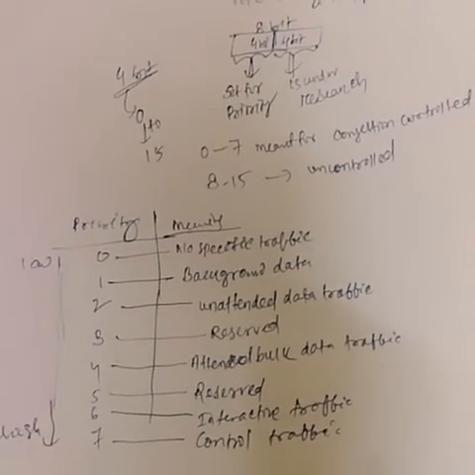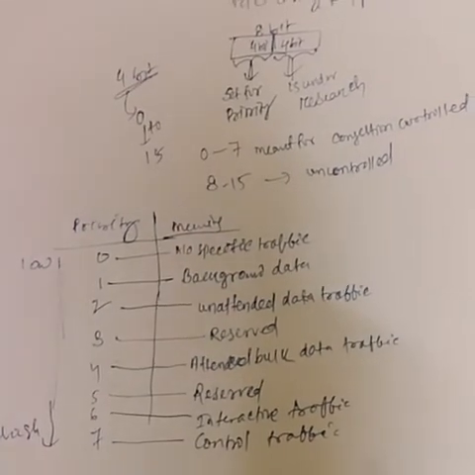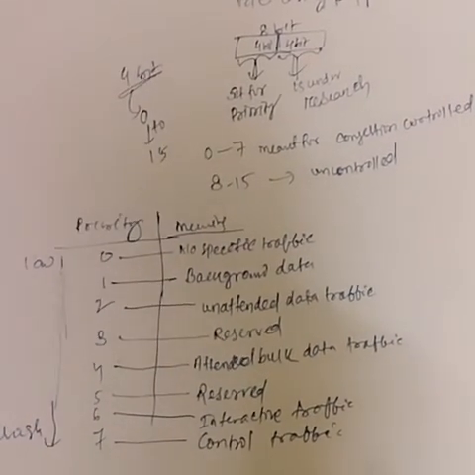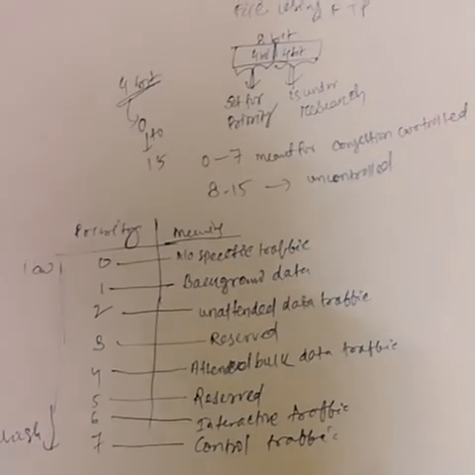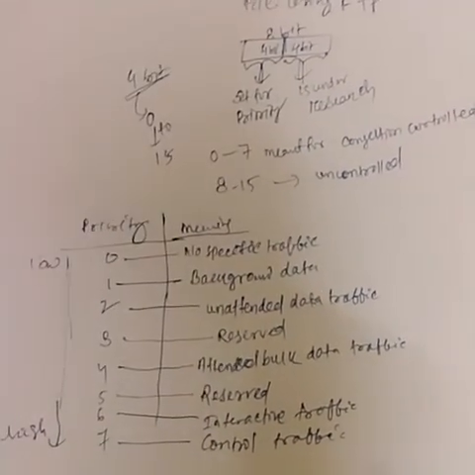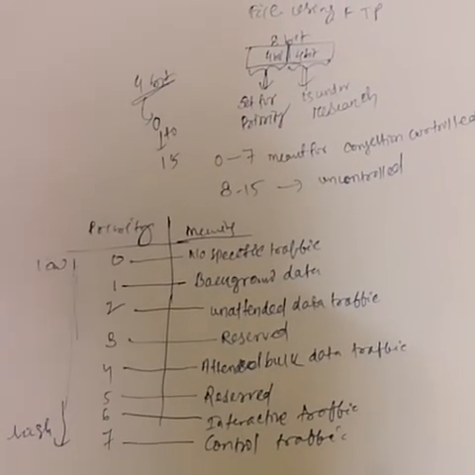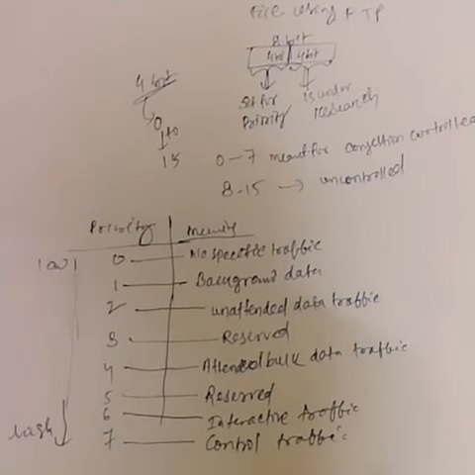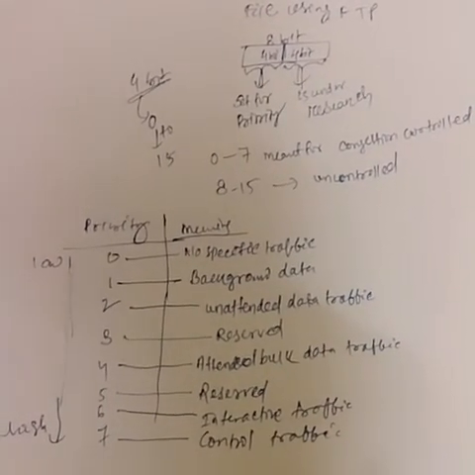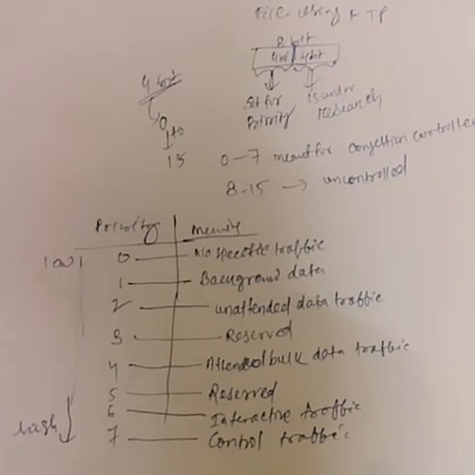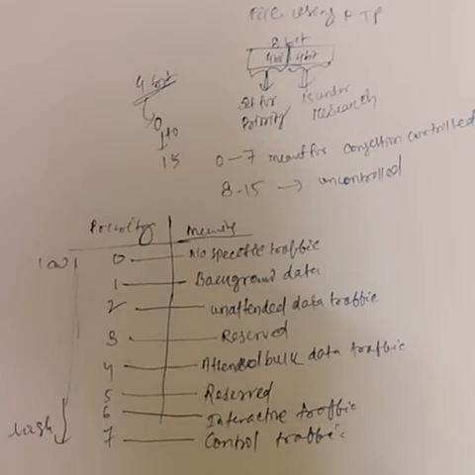Suppose routers are getting SNMP packets. SNMP packets are meant for managing the network. If you keep on discarding the SNMP packets, then you cannot manage the network. So these packets are to be given higher priority, right?